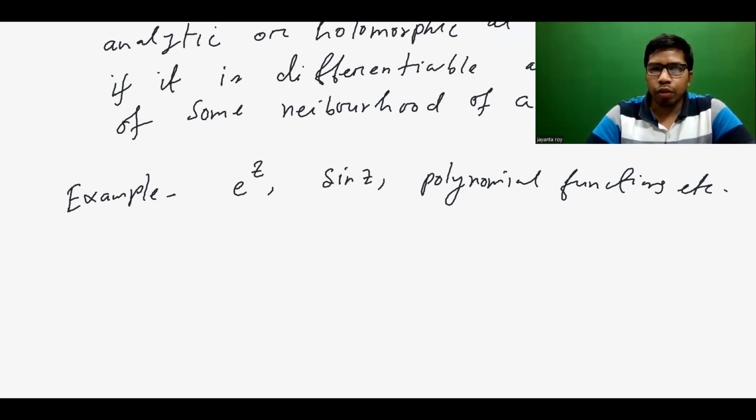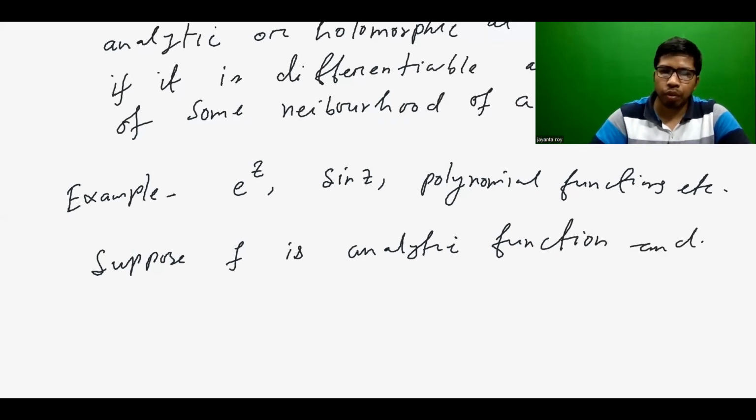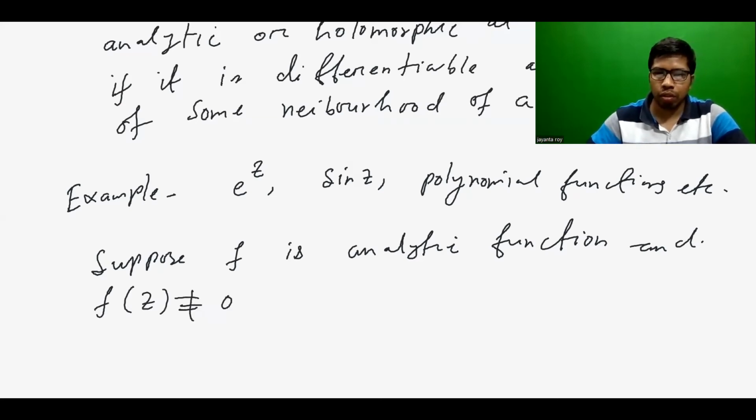We now discuss the zeros of analytic functions using the Taylor series expansion as a tool. Okay, so for this we suppose that f is an analytic function and f is not identically zero in an open set D where f is defined.